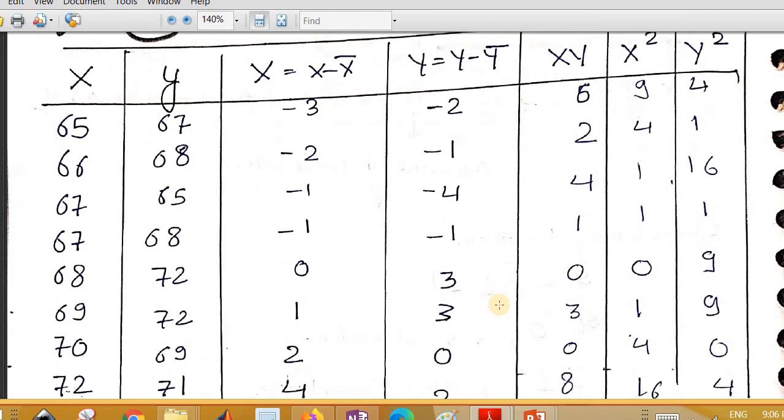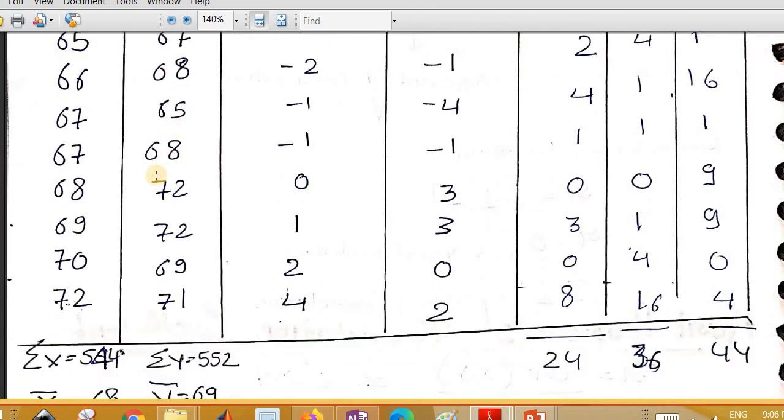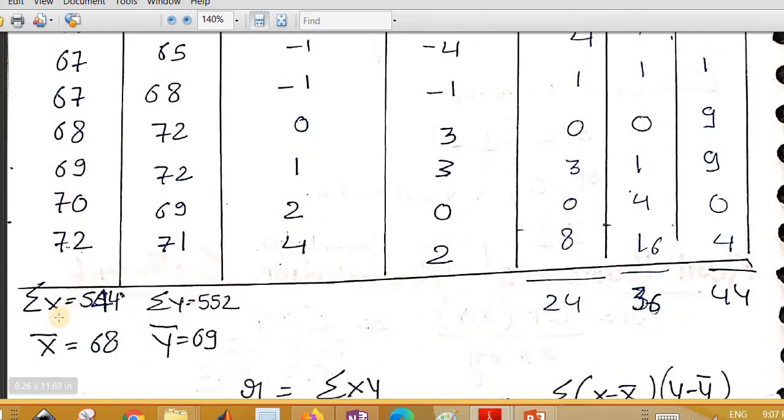So here we have data x here, y here. See how we calculate. This is the summation of x. After adding the values, this is the summation of y, and the mean of x is calculated as x bar, adding all values upon the total number of terms. Similarly, y bar is calculated as 69.